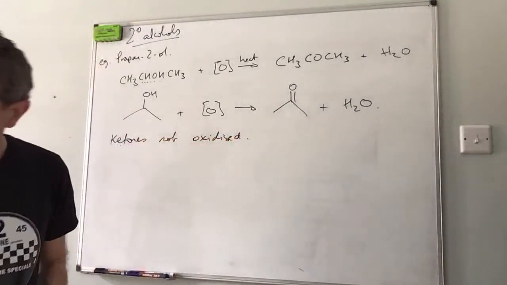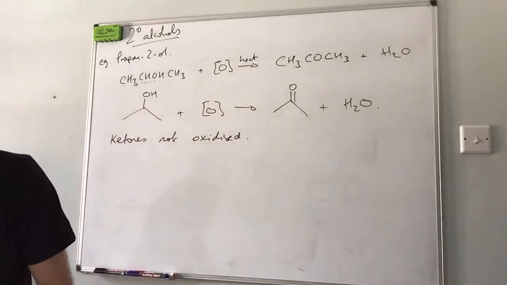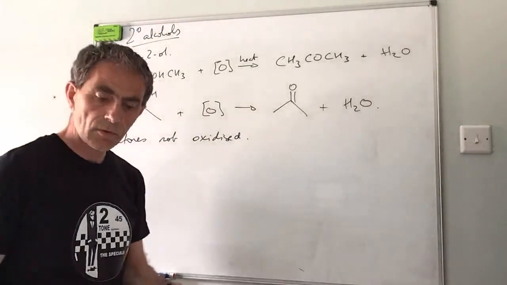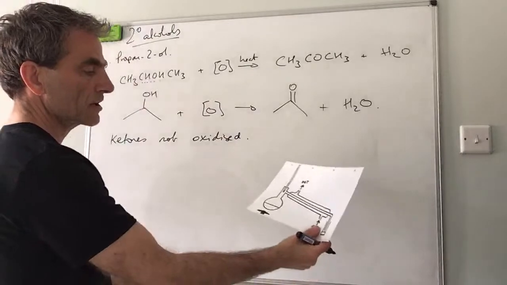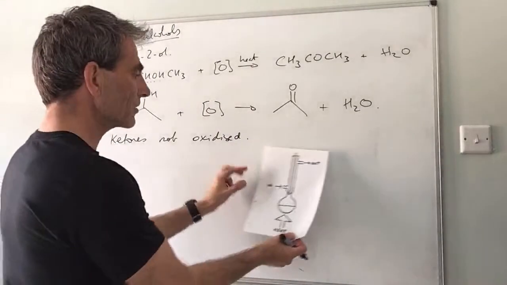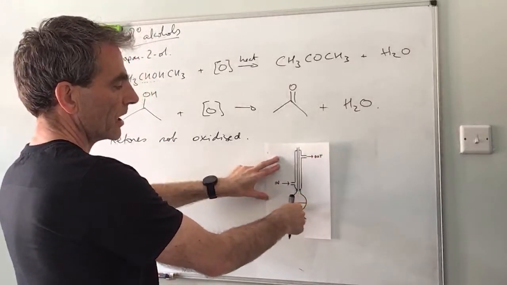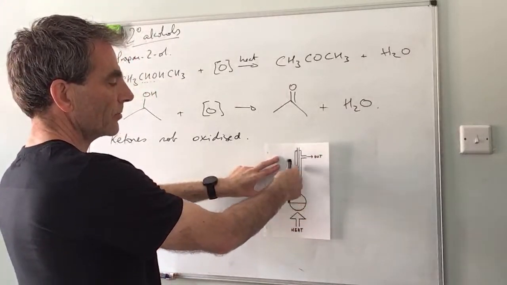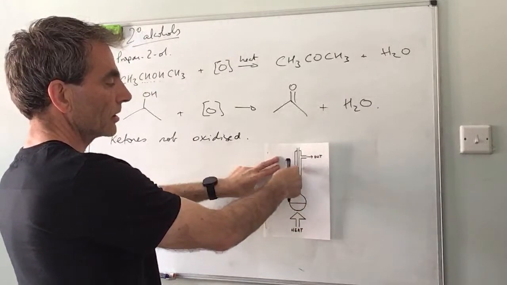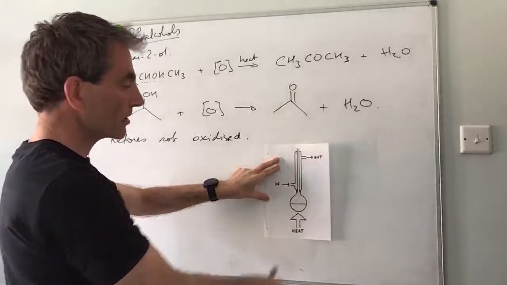And so really all you need is a source of heat. So you could do this in a test tube, in a hot water bath. You could use distillation, you could use reflux. Typically, you would do it under reflux, so that if any alcohol evaporates with the ketone that's formed, because you could lose some alcohol, it'll just drop back down and you're making sure that it all gets oxidized.